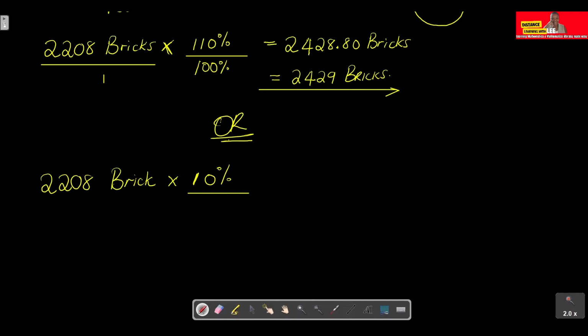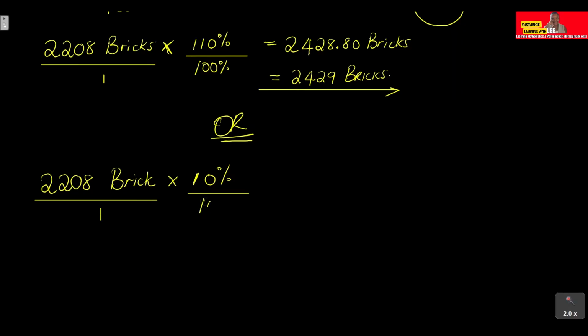This 2,208 bricks represents just 100% of your bricks, so you divide by 100%. If you punch this into your calculator, you will get 220.80 bricks. So that basically means that we want to add 220.80 bricks to that 2,208.